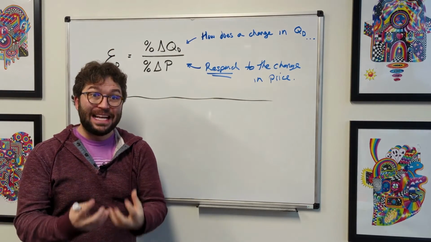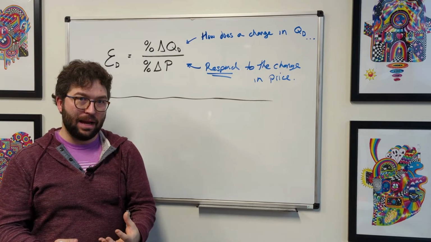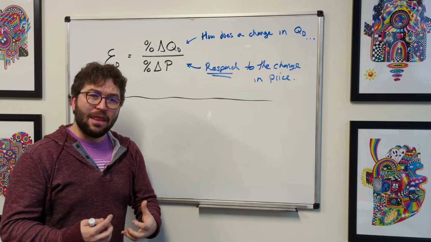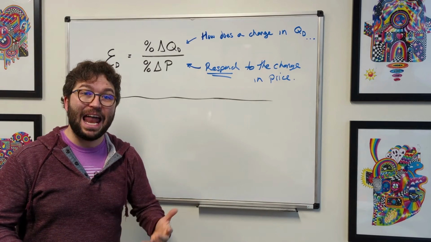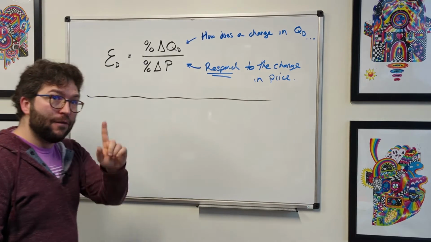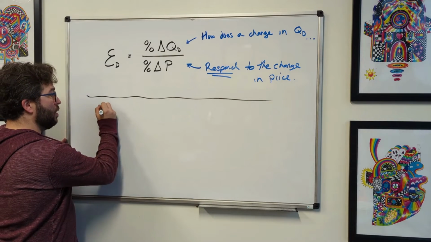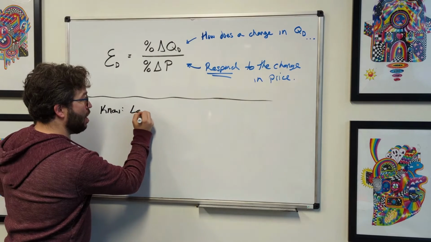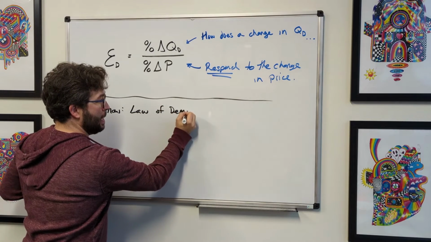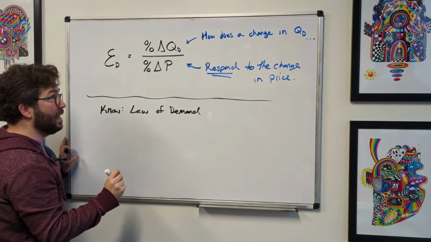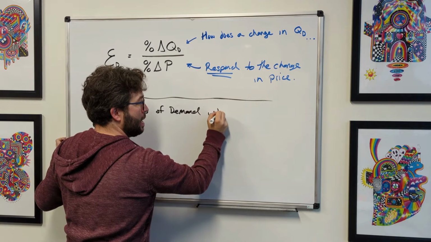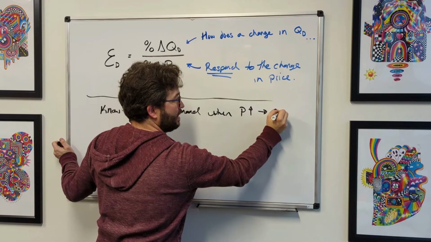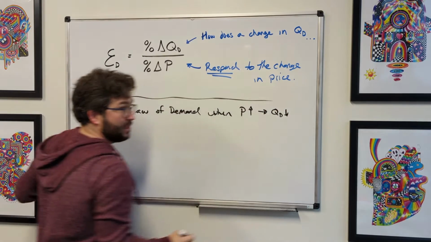Now that we've seen the equation and we know how to take that equation into words and we have a bit of a foundation when it comes to the price elasticity of demand, let's look at what this number is going to be and then how we can interpret that number, that value. First off, what do we know? We know because of the law of demand, that when prices increase, the quantity demanded decreases.